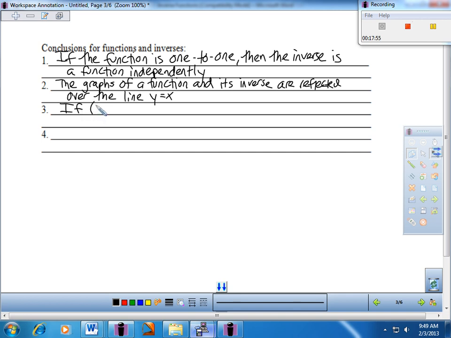So if x comma y is a point on the graph of the function, then, very simply, y comma x is a point on the graph of its inverse.